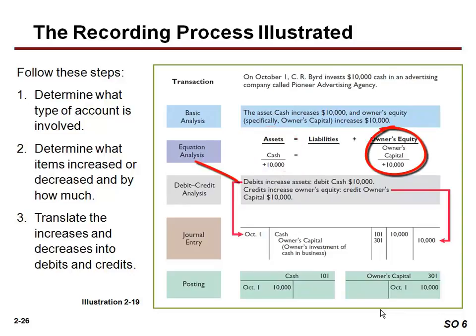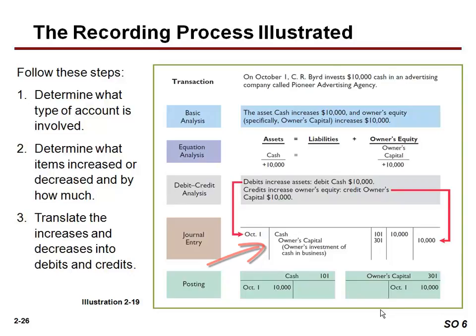Chapter 2 here, the debit and credit analysis indicates that we know that if assets increase, they increase with debits. As the owner's capital account increases, it increases with credits. And so the formal journal entry, this is Chapter 2, increase cash $10,000 with the entry to the debit column, the left-hand side of the T account, increase owner's capital on the right-hand side or credit side.